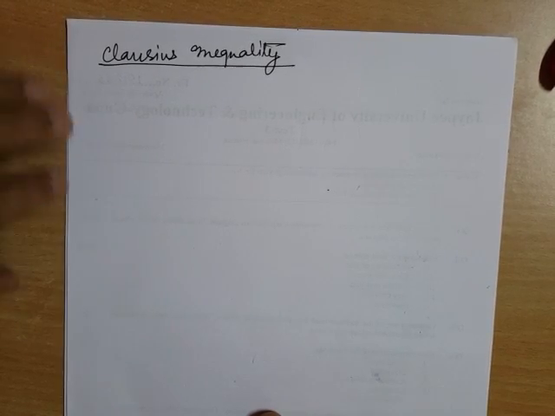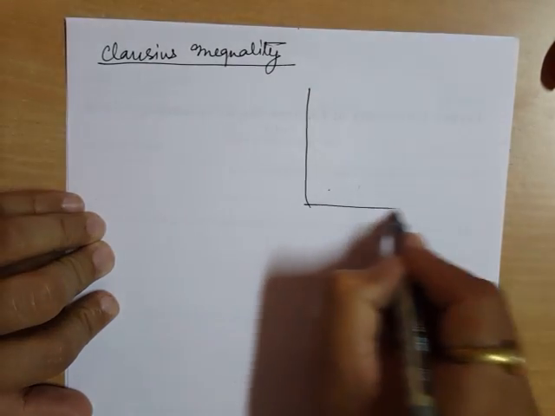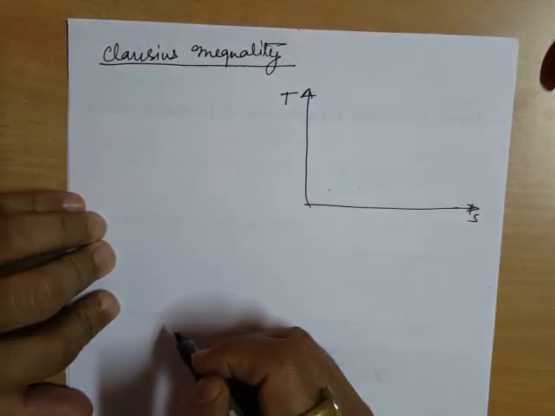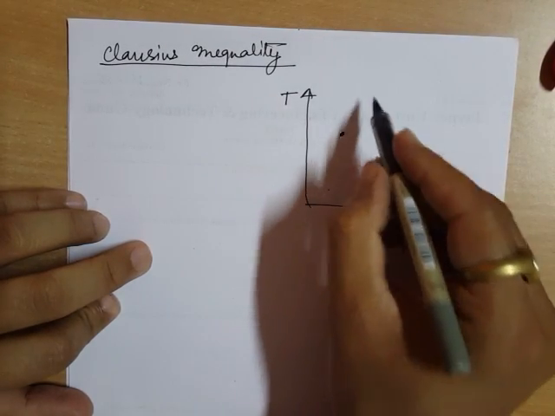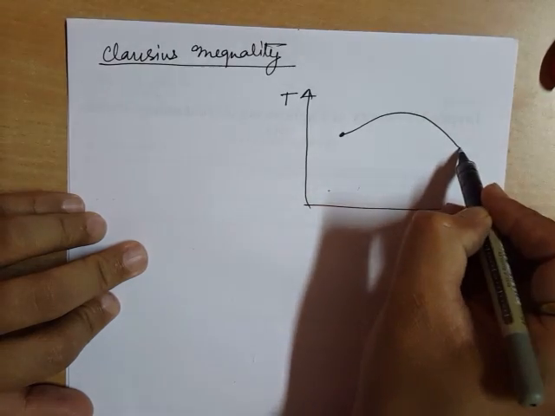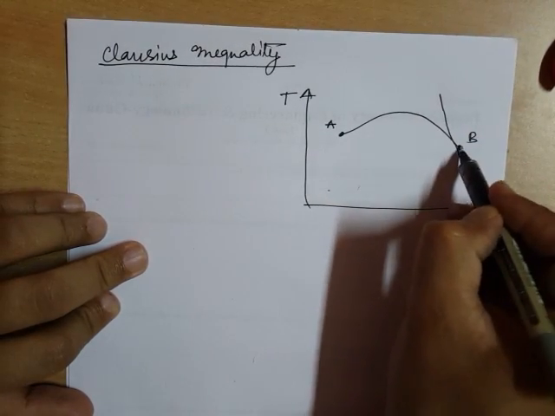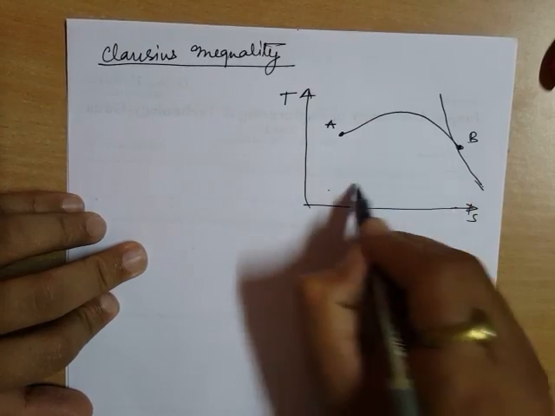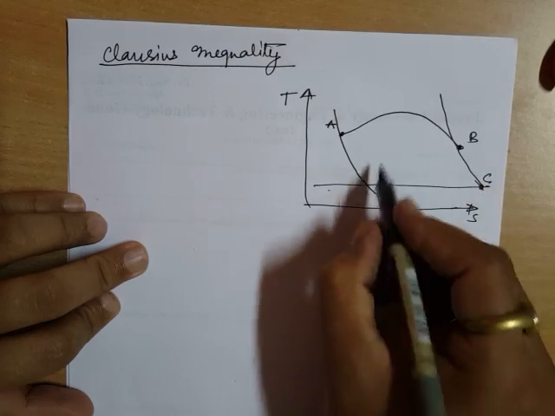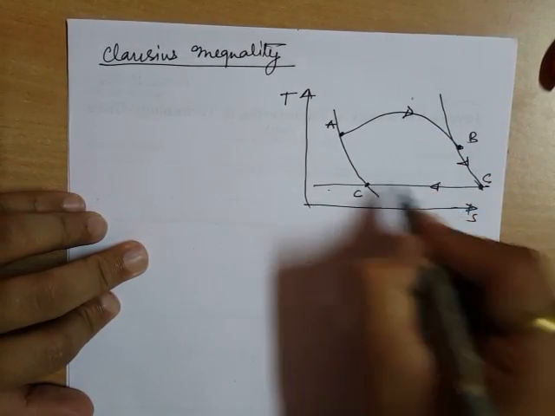So it is obvious there will be an inequality for the irreversible case. So consider in this TS plot a cycle. What type of cycle? A general cycle. Let us say A, B, then C, and then D. So this is your cycle in this TS plot.